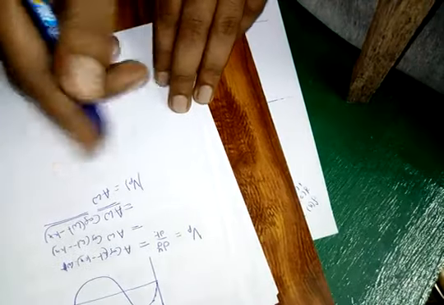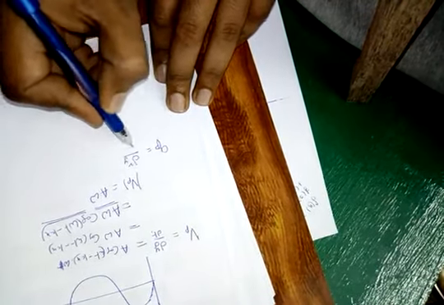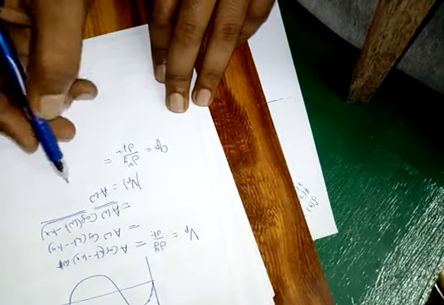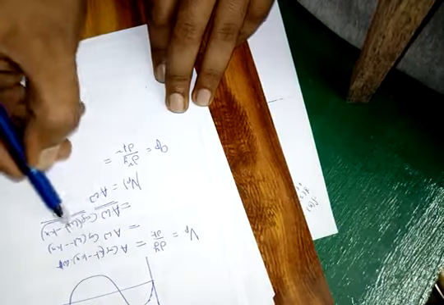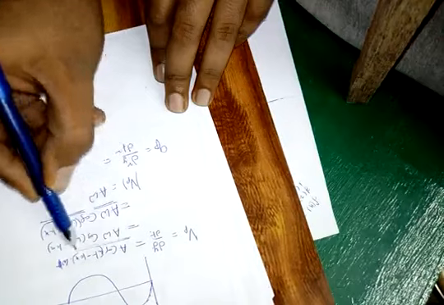Similarly, particle acceleration we can calculate: ap is equal to the double partial differentiation of the y function with respect to time. So again you have to differentiate this function.